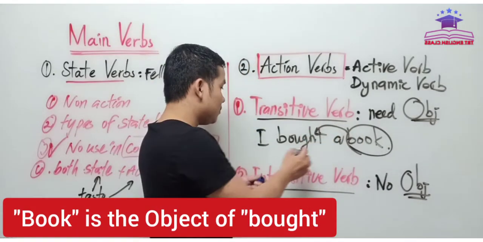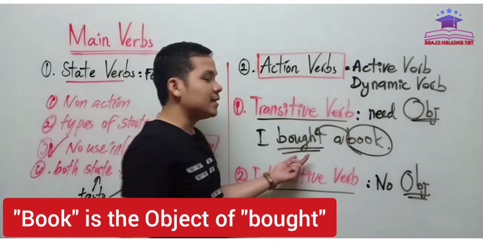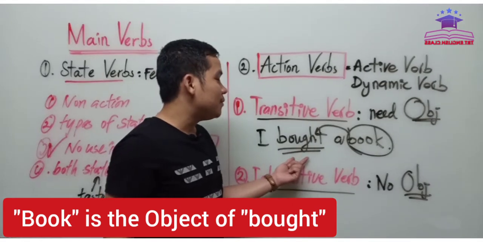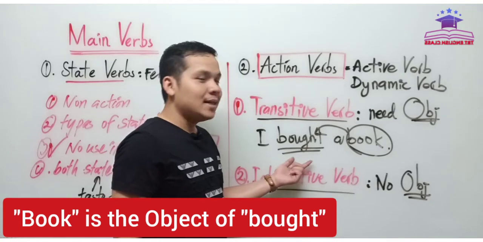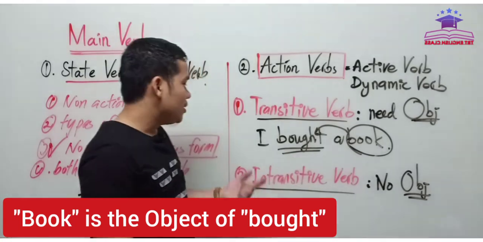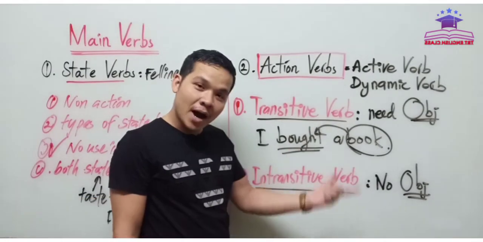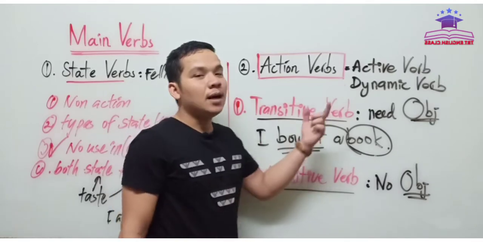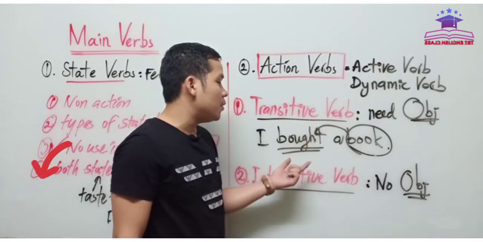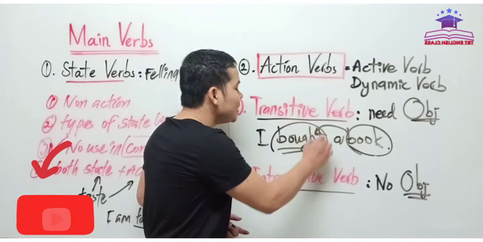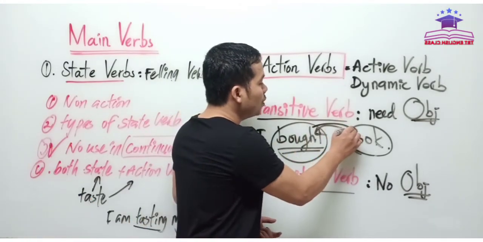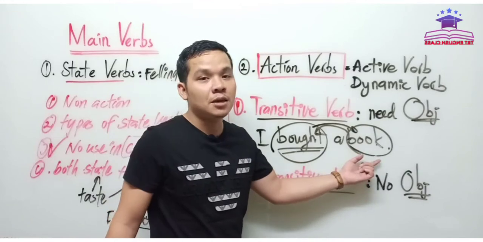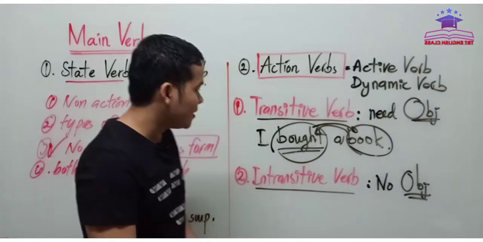So the verb bought is a transitive verb, because this verb needs one more object to let us know more about it. What did the subject do? What did I buy? I bought a book. So book is the object of the word bought. The verb like this we call transitive verb, because it needs the object book. Okay, it's simple.